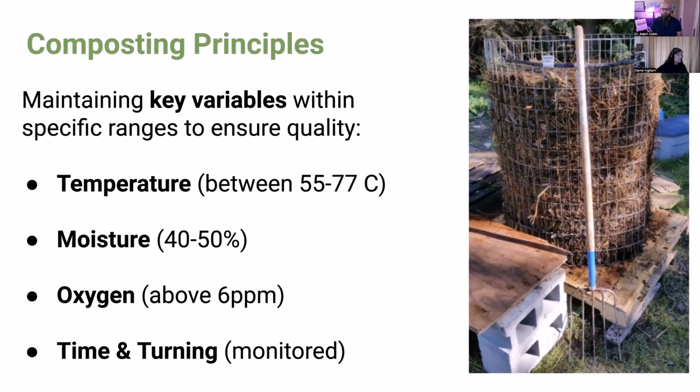You've got to have freeways and back roads, up in the woods kind of thing, where there's lots of curves and around and up and down it goes. But that allows oxygen to move into all parts of your compost. And we can keep that above 6 parts per million. Especially when we go in and turn it, we want to fluff that compost.